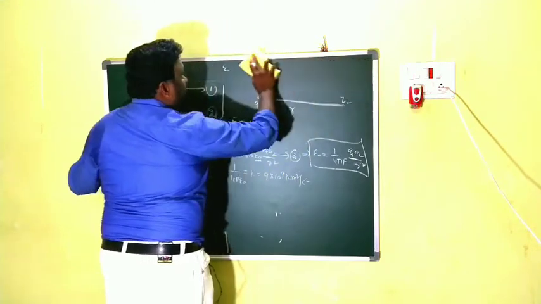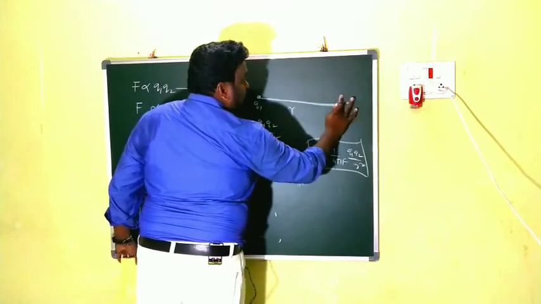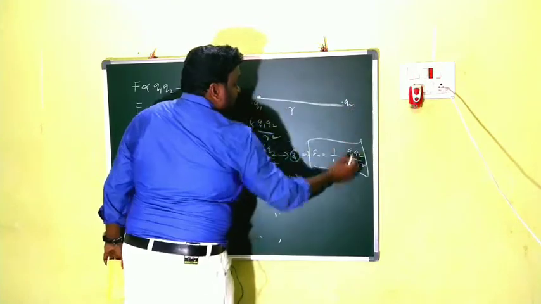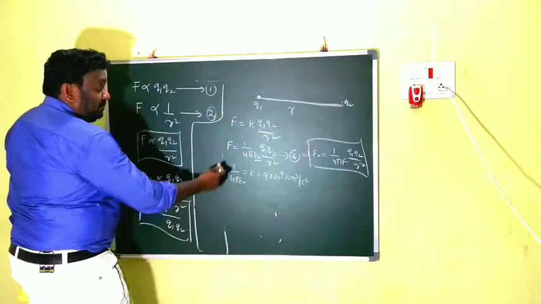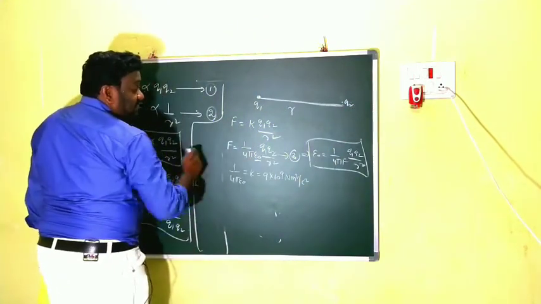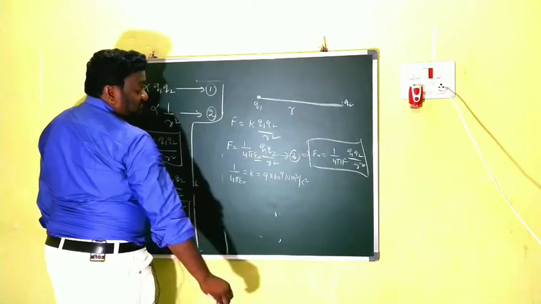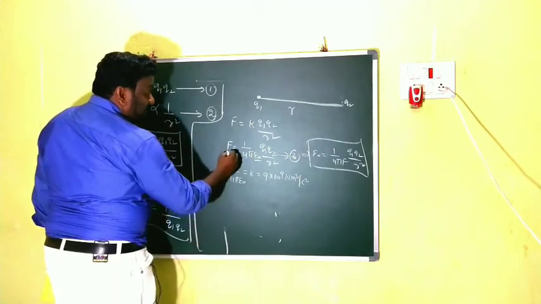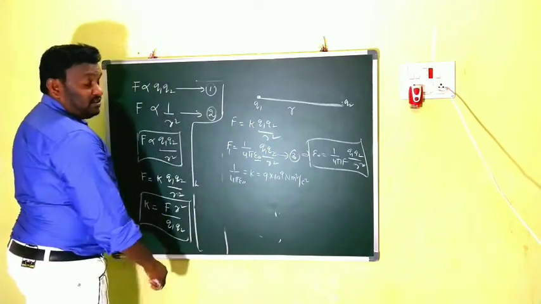Q1, Q2 it is there. So here now, equation number 3 represents what? This is the force in free space. For example, I am taking this as F1 now. Clear?